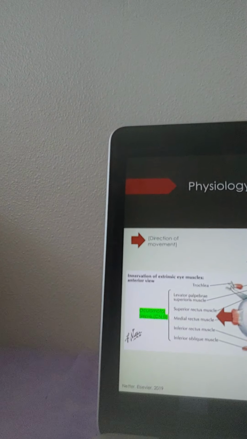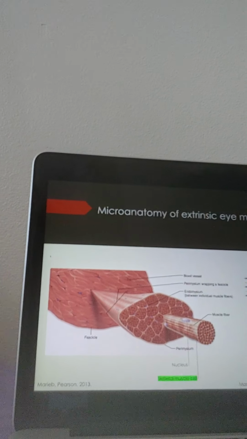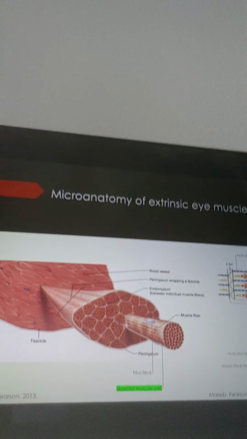All right, so let's talk about the microbiology of these extrinsic eye muscles. So the microbiology and microanatomy, they are skeletal muscles. So that means they are striated.